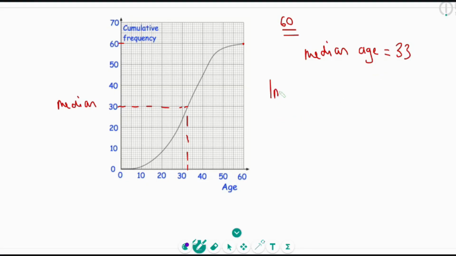So the interquartile range, remember, is a measure of spread. And to find the interquartile range, we need the upper quartile minus the lower quartile.